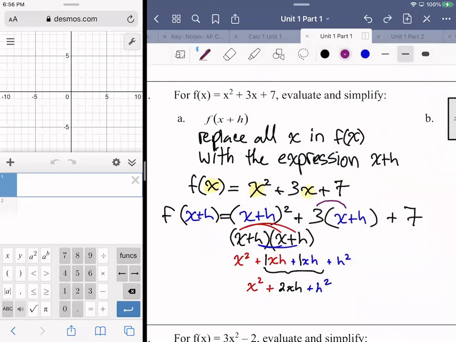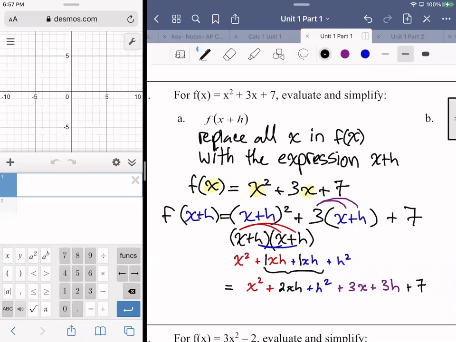So I'm going to bring the 3 through. So 3 times x, 3x. 3 times h, 3h. And then the 7 also comes along for the ride. If there are any other like terms, you would combine them, but there aren't any, so we would leave it like this. All right, this is pretty hideous, but it's correct.